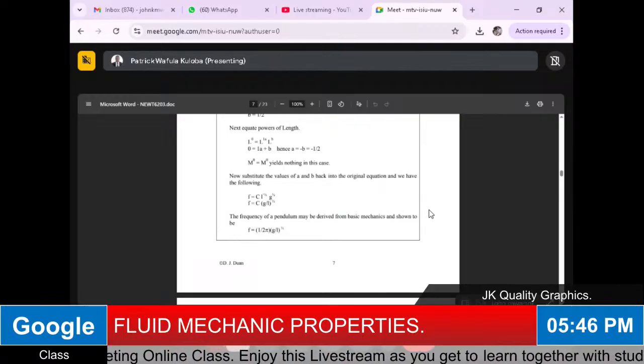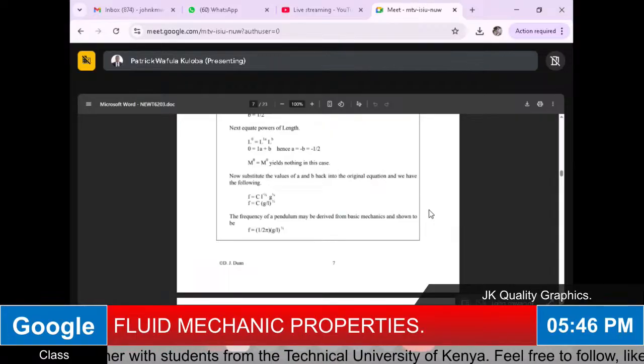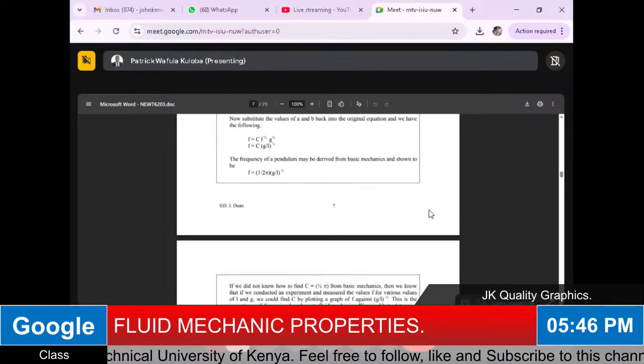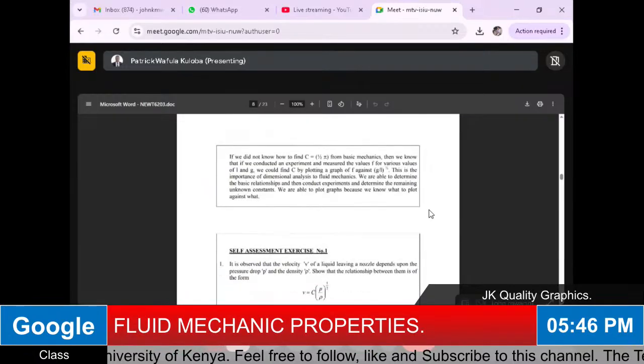The l raised to minus a half is a reciprocal, so it goes down to the denominator. Knowing the formula for frequency of a pendulum, C is actually equal to 1 over 2 pi. So that's what's important. Let's do the next one.